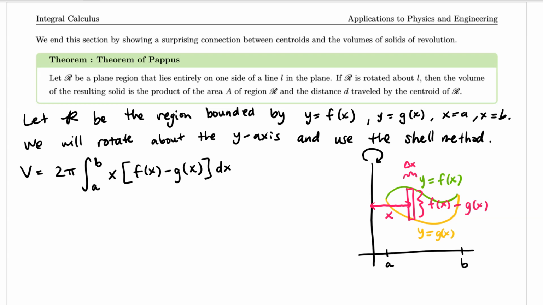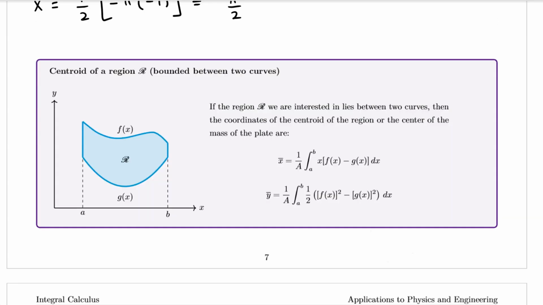Now, if we ignore the 2 pi and we look at the definite integral, that should actually look pretty familiar. Here are the formulas for x bar and y bar, the x coordinate and the y coordinate for the centroid of a region R. And if you look at the formula for x bar, it looks very similar to the integral that we just took a look at.